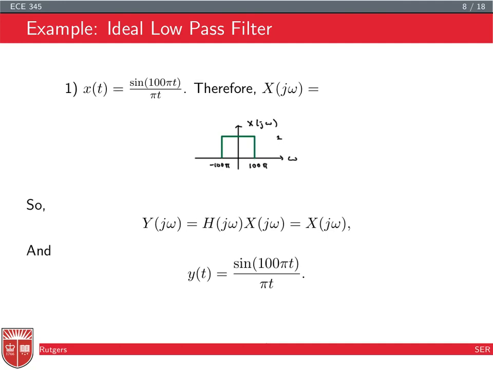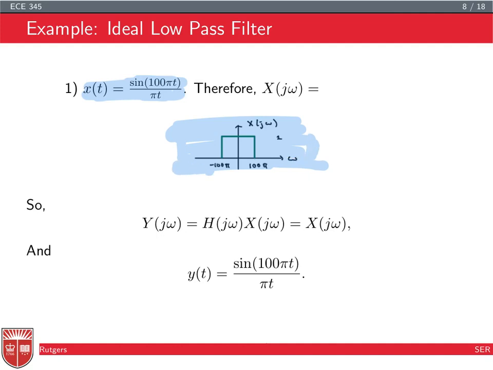The first problem is the input x of t, which is sin of 100 pi t divided by pi t. Immediately you can see that in the frequency domain, this signal is also a box function between minus 100 pi and plus 100 pi.